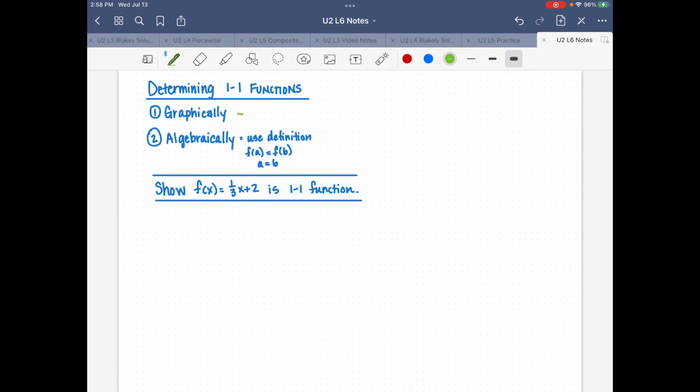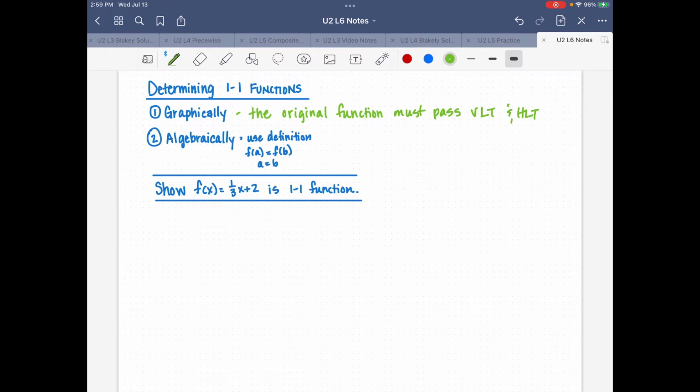Well, let me be a little bit more specific right here. The original function must pass the vertical line test and the horizontal line test to be a one-to-one function.